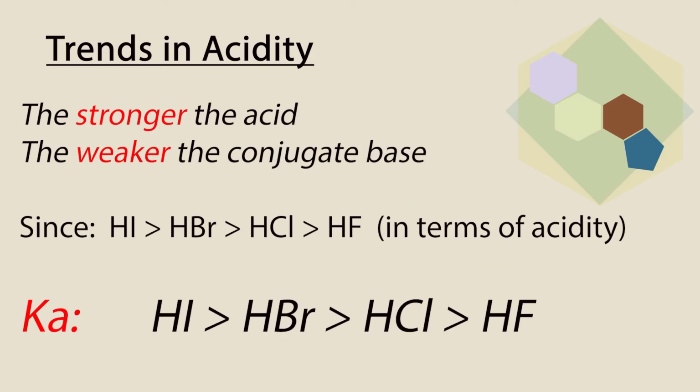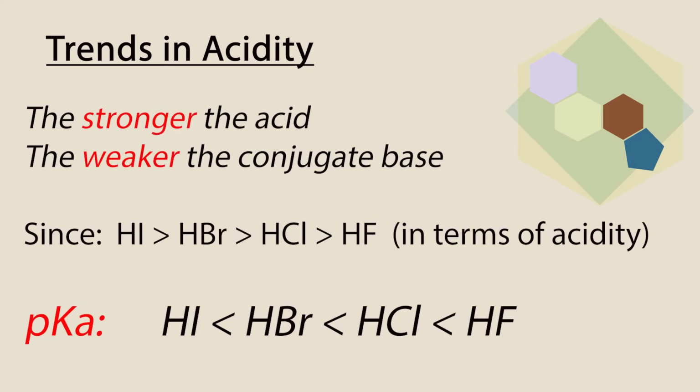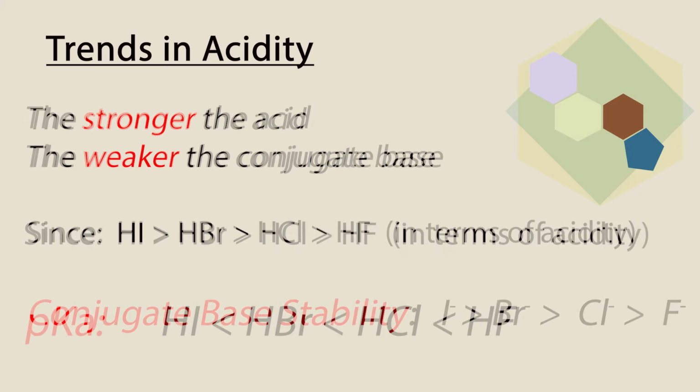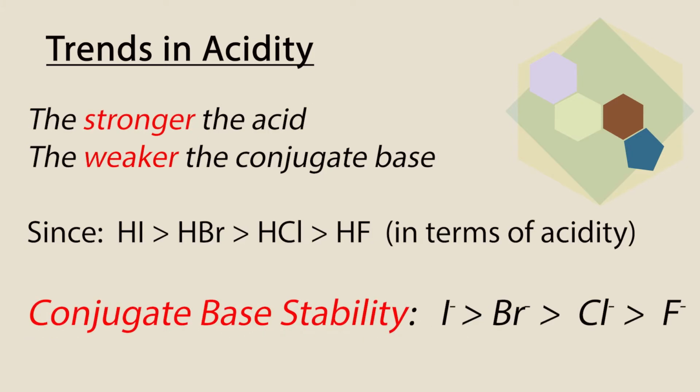This means that HI has the largest Ka in the series, while HF has the smallest. This trend is reversed when comparing pKa values. So in terms of conjugate base stability, I- is more stable than Br-, which is more stable than Cl-, which is more stable than F-.